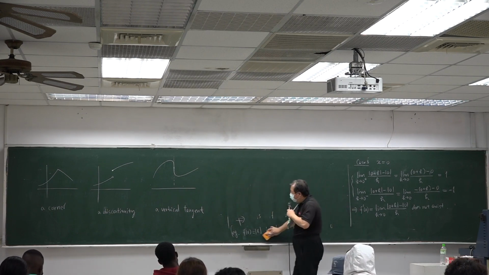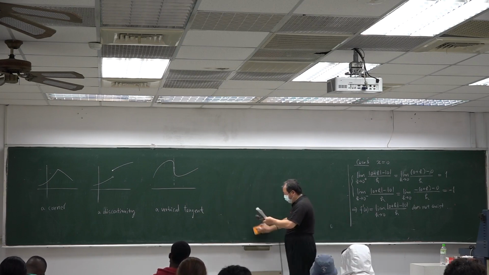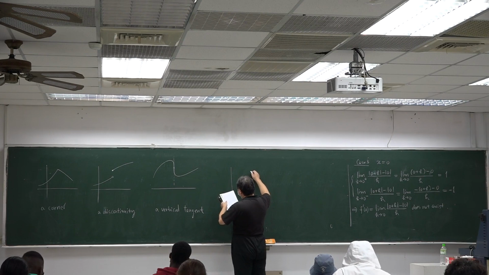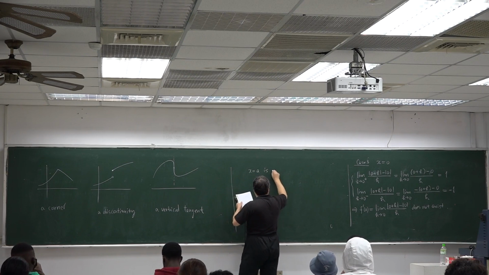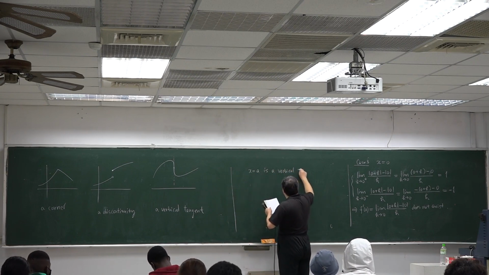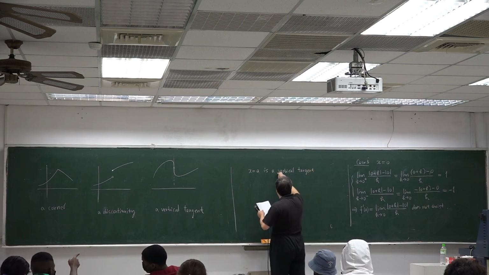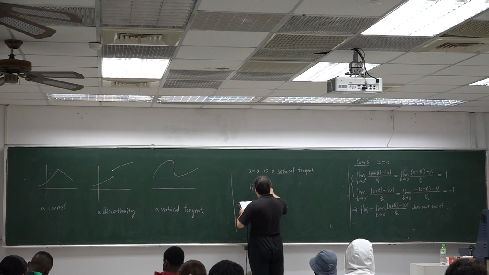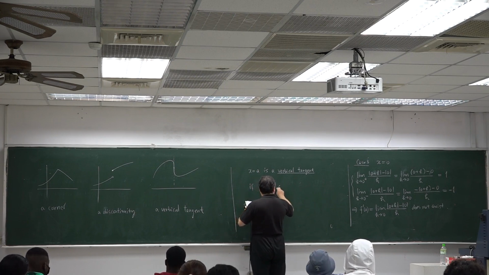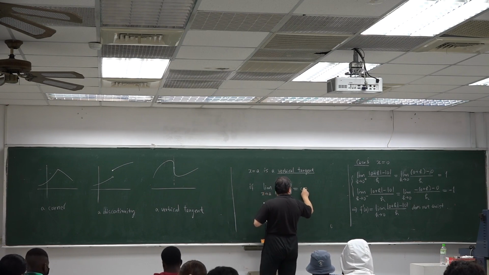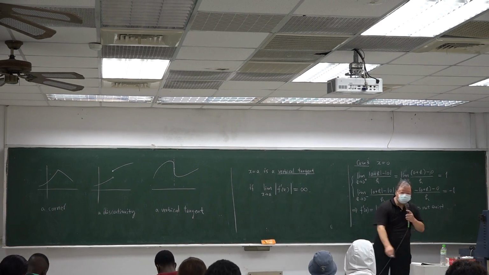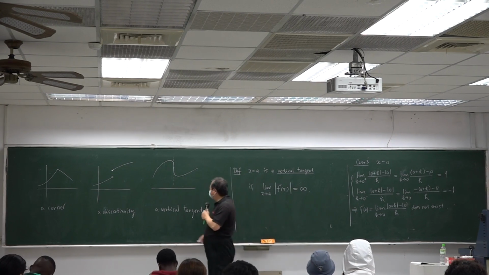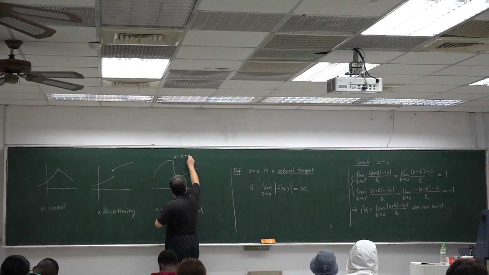Precisely, the author gave a definition here. The vertical line x equals a is a vertical tangent. For example, here, this is x equals a, the vertical line.